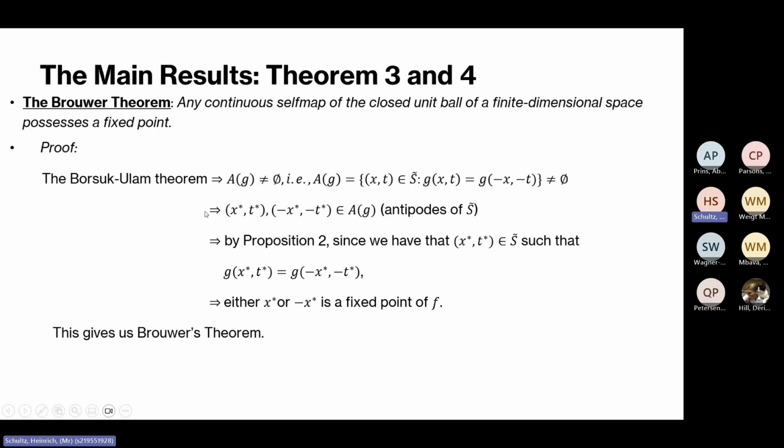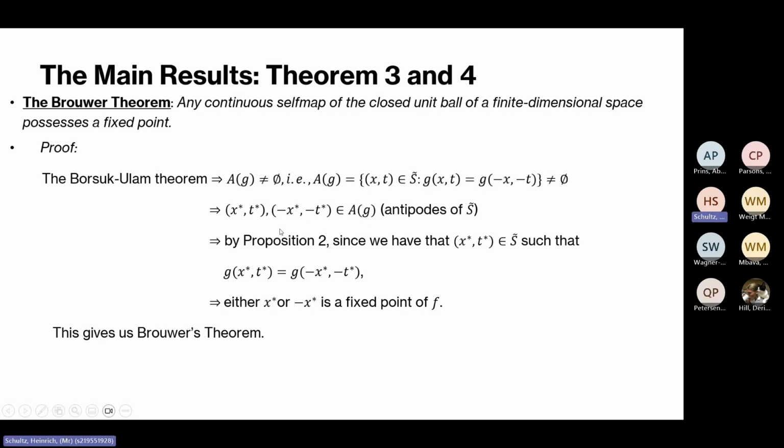We use the Borsuk-Ulam theorem, and we arrive at this, which basically states that the set of antipodes is non-empty. Because the set of antipodes is non-empty, there must exist two points, (x star, t star) and (negative x star, negative t star), in the set AG.